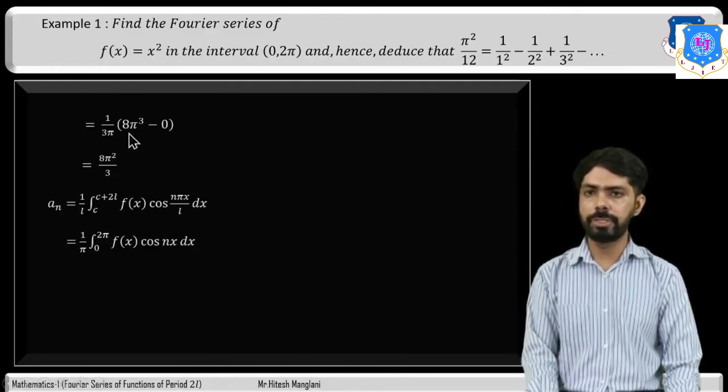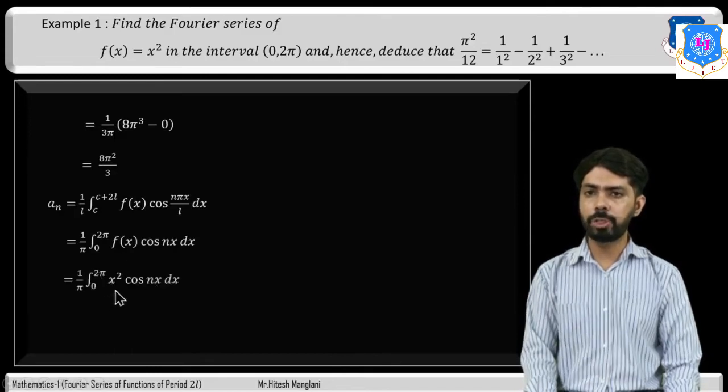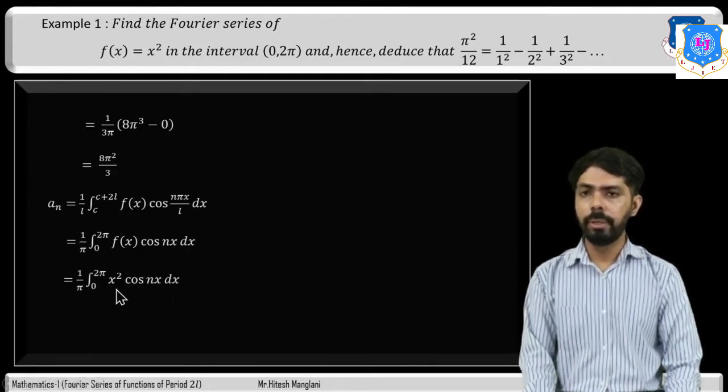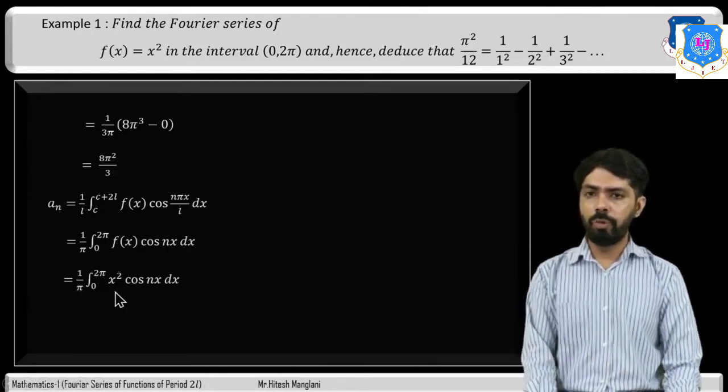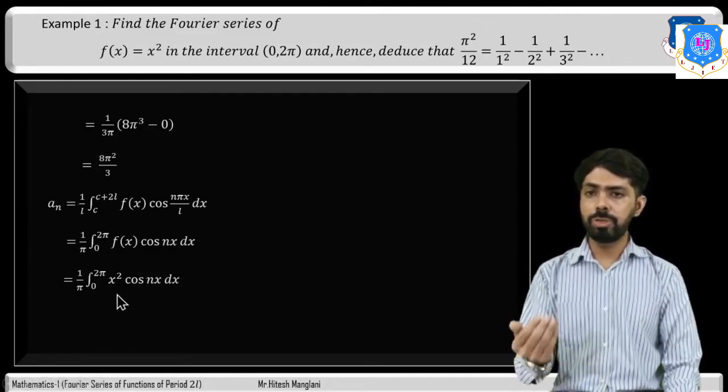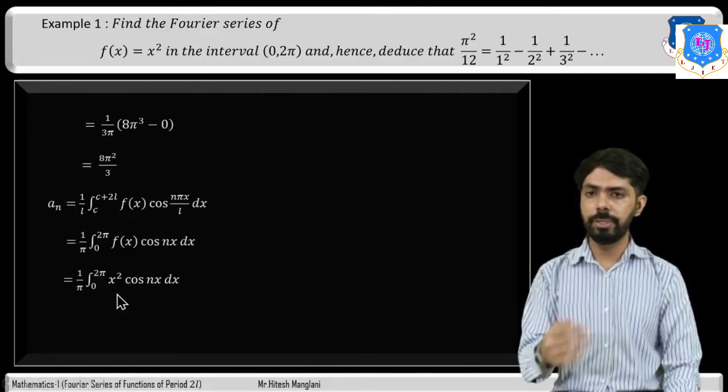So what is f of x? It is x square. So this will be 1 divided by pi integration 0 to 2 pi x square into cos nx dx. Now here there are two functions. The first function is x square and the second function is cos nx. Here we will use Bernoulli's formula, and before using it, we will have to identify the function whose successive differentiation is 0.